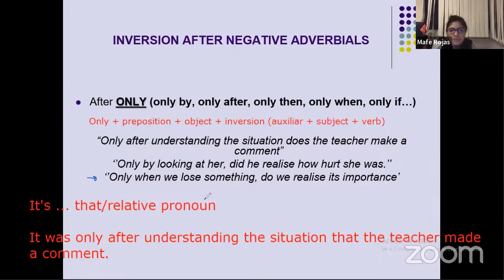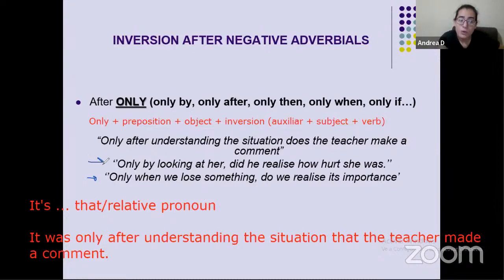We keep the tense, right? Because in this one it's in the past, I can say it was only by looking at her that he realized how hurt she was. I'm keeping the past tense. In the present, it's only when we lose something, in a simple past. Or in the future, it is only when you are done with your homework that you will be allowed to go out.